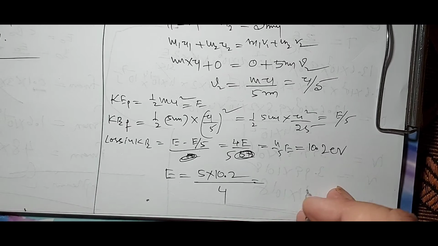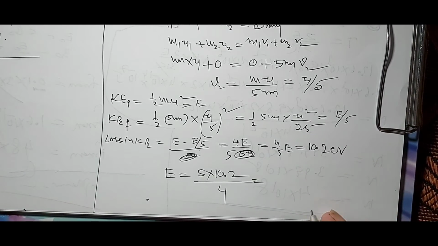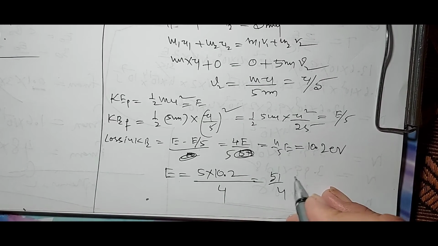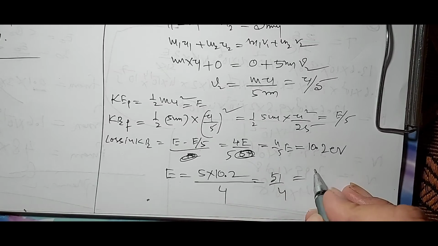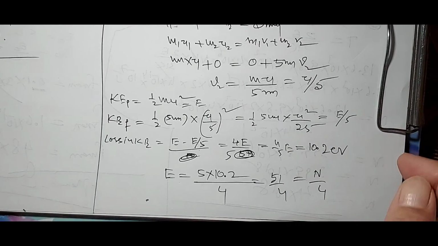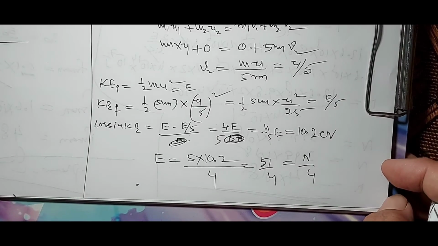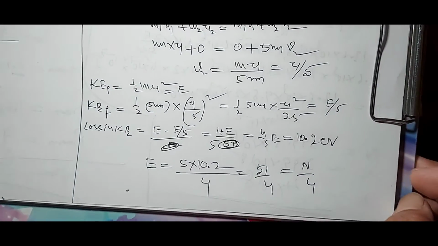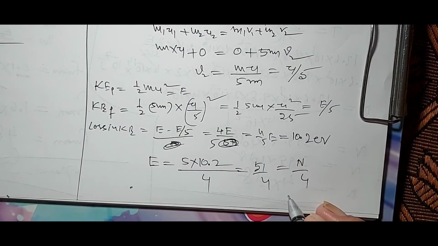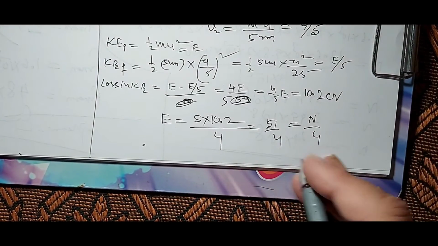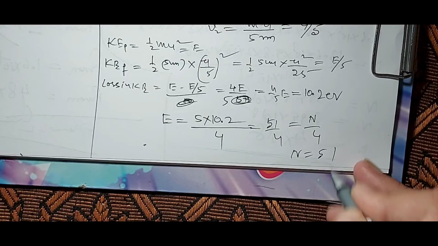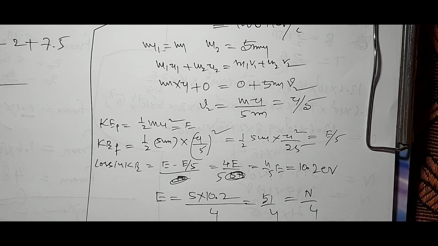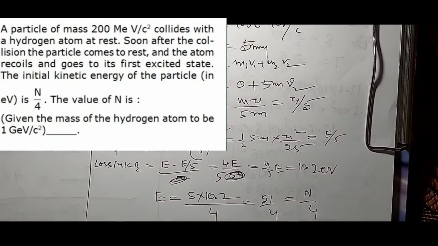That is equal to 51 by 4. According to the problem, the given initial kinetic energy is n by 4. So, now by comparing these two, what is the value of n here? N is equal to 51. So, n is equal to 51.